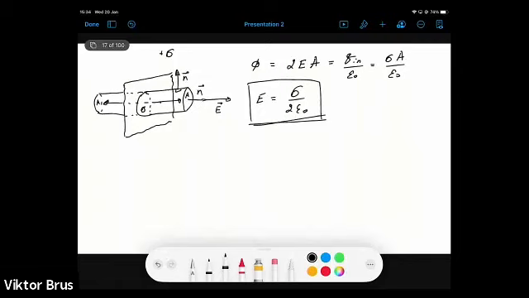Okay, pretty much we are done with all examples we wanted to consider. And now we can switch to another topic, which is conductors in electrostatic equilibrium. I mentioned previously that there are different types of materials in terms of their electrical properties.